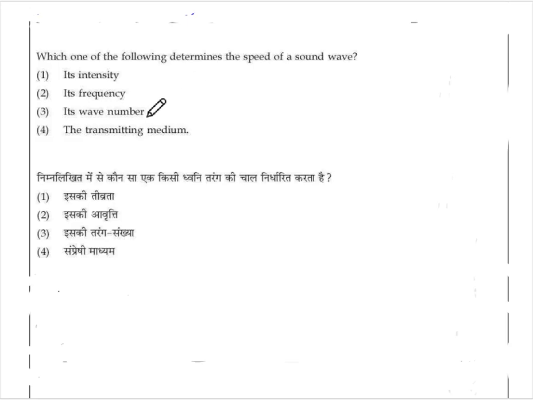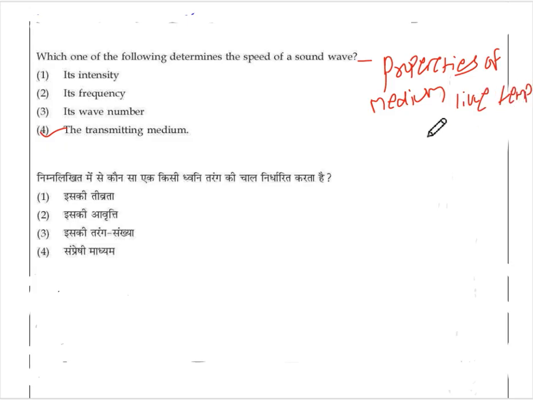Option number 4, transmitting medium, because the speed of sound is determined by the properties of the medium through which it is traveling at that time, like temperature of the medium, density of the medium, elasticity of the medium. Only the speed of sound depends upon these quantities.